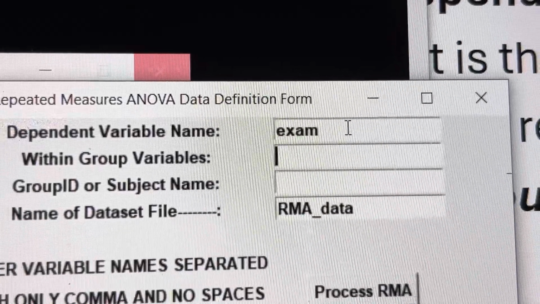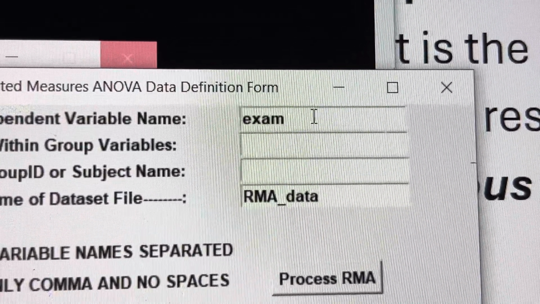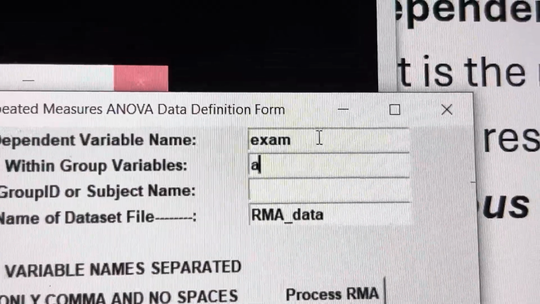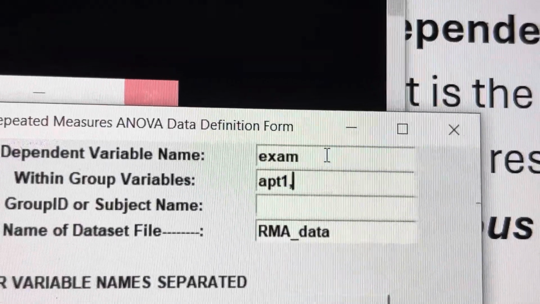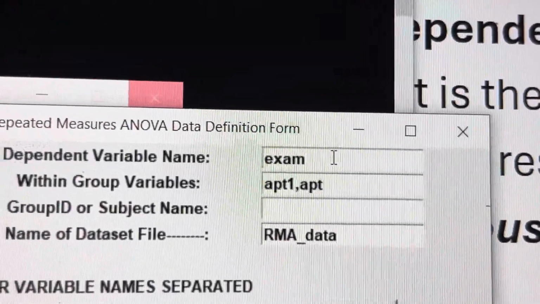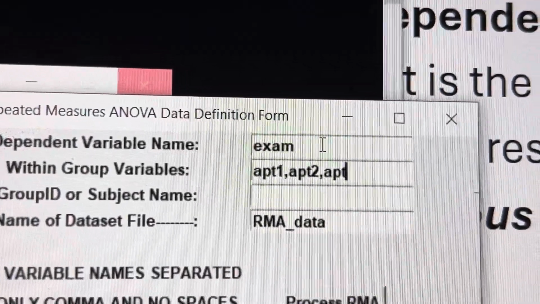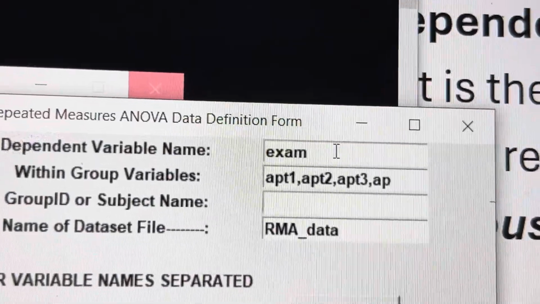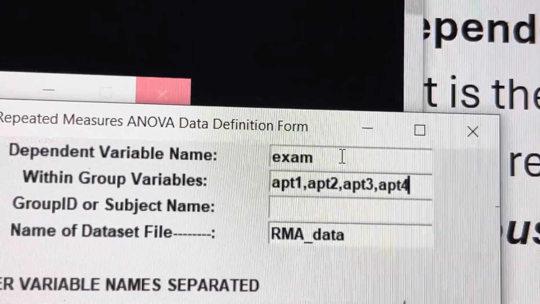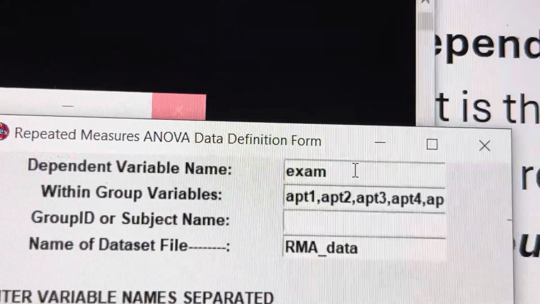Then the within group variable, that is the independent variable, this time around, I think what we have is the aptitude test. That's APT1, APT2, APT3, APT4, APT5.